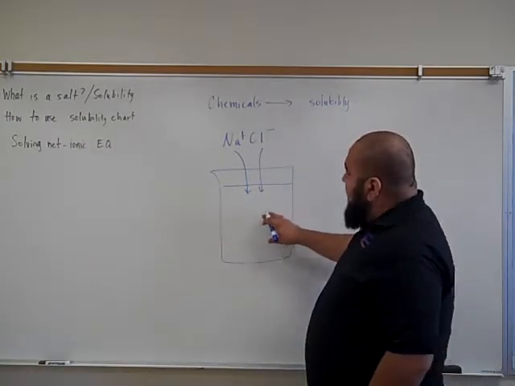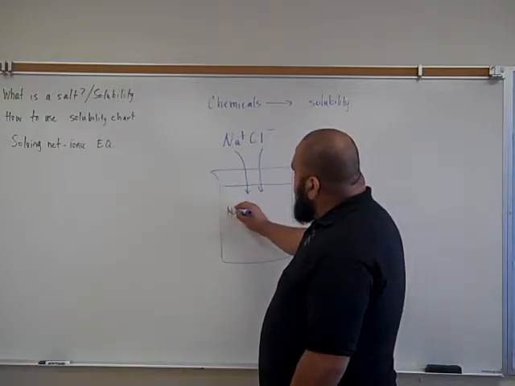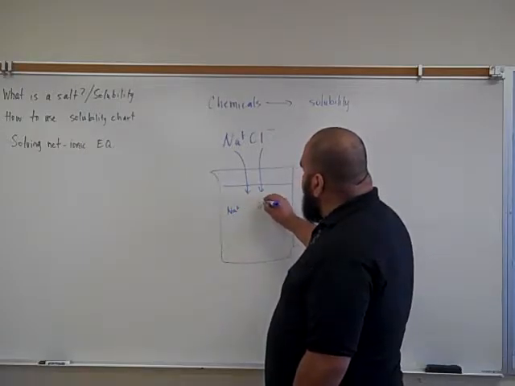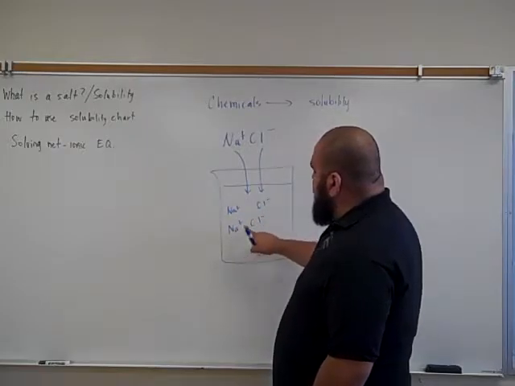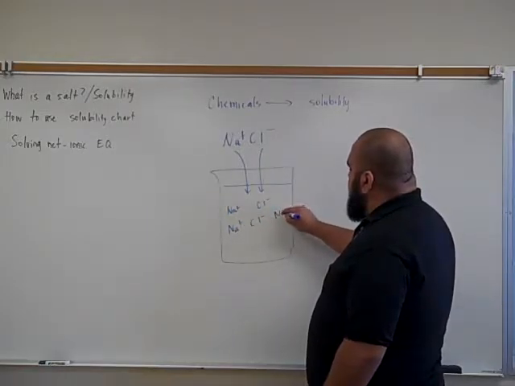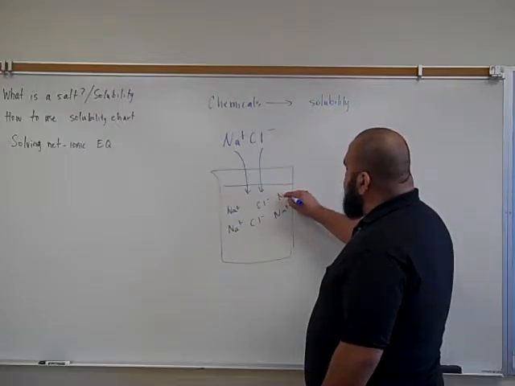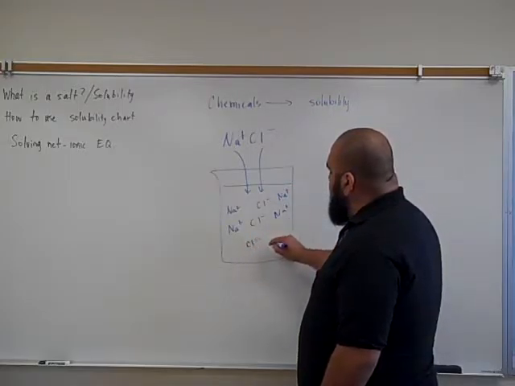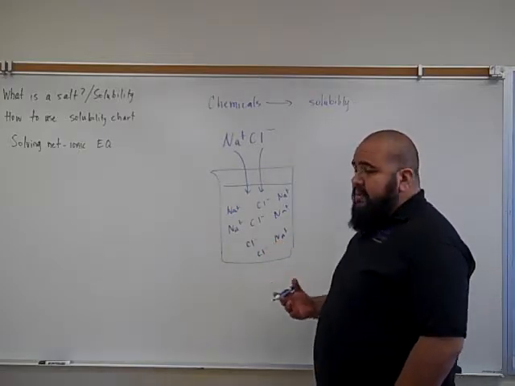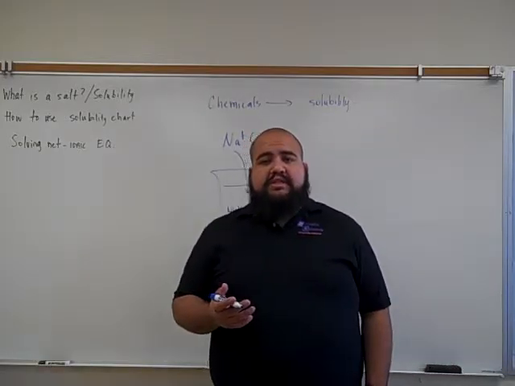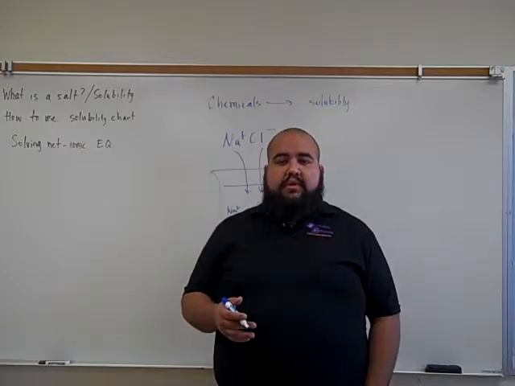Now, it's in ion form inside the water. So you have a bunch of individualized ions of sodium and chlorine floating around the water in equal amounts, right? Now, why does this happen? Well, because remember, water makes aqueous solutions and they dissociate, okay?